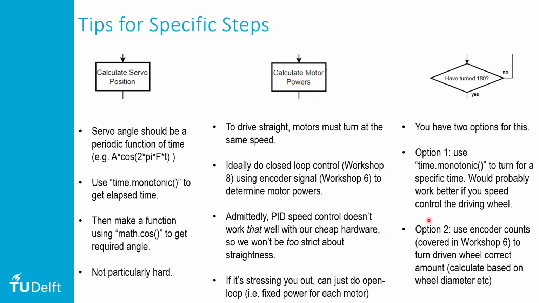That might require you to use the encoders in a slightly different way to what we're going to cover in the workshop, but if anything, it's in a simpler way, so I think you can figure it out. I would say that is a better option, because if your batteries are a bit flatter and therefore your motors are turning slower, that's fine, because you will still drive for a fixed number of rotations rather than a fixed amount of time.